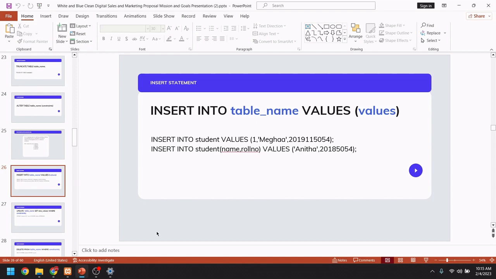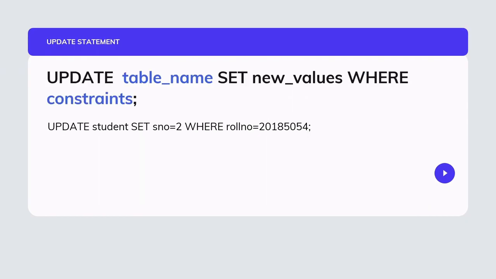Let us look at the next one. Update statement. Update statement is how you alter the data points in the table. The syntax goes like update, table name, set, new value, where, constraints.